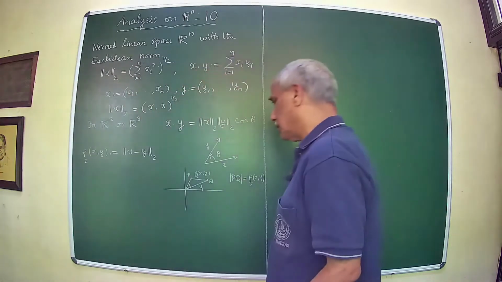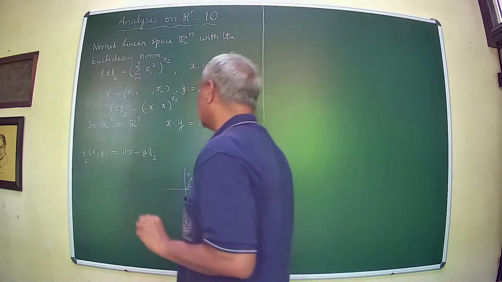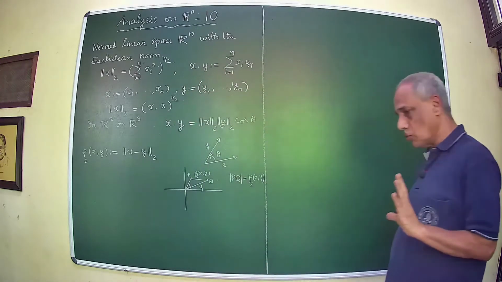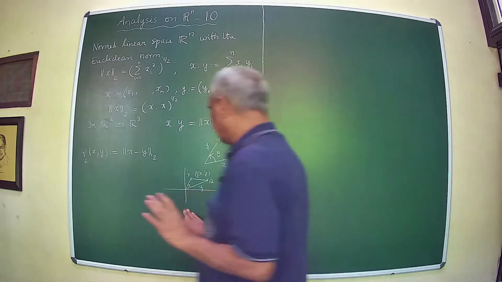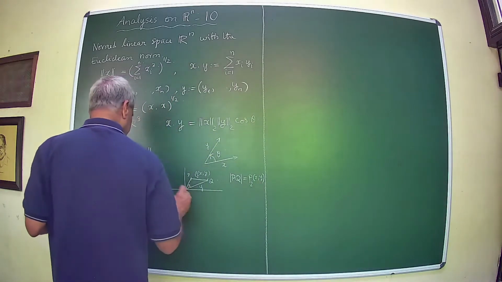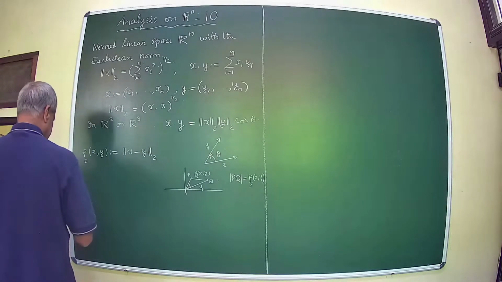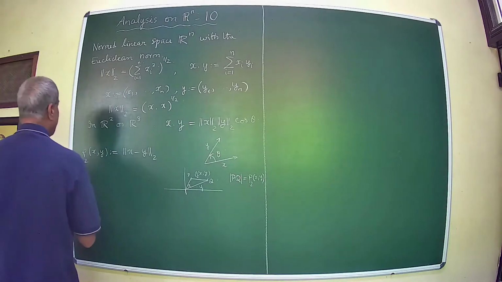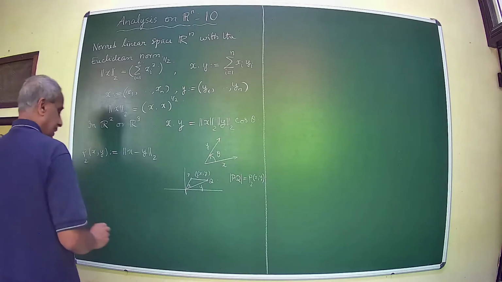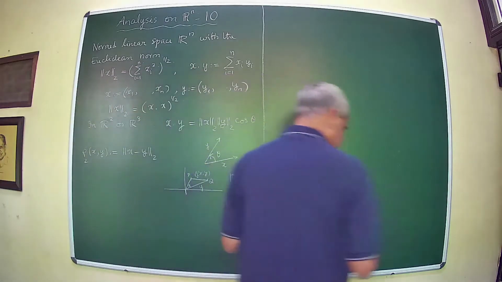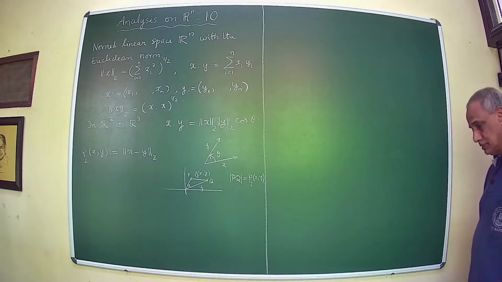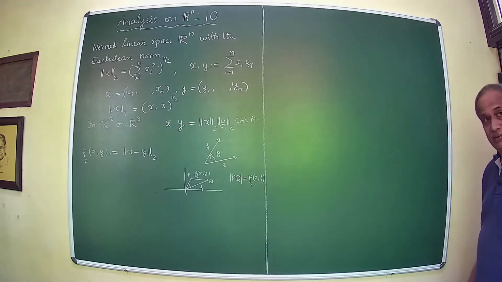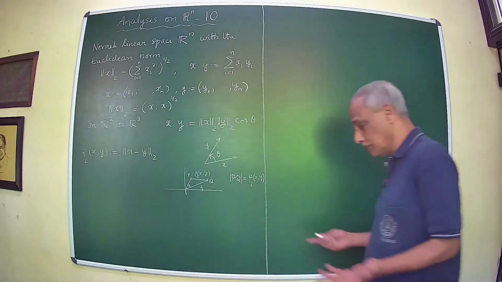Now what I want to say is this, that this is not the only distance notion that you can introduce in this. In fact, one can do the following. See, the distance notion has the following properties. What is the distance notion? This is what you call the metric, and we have already defined what a metric is. The distance between 2 points is non-negative.